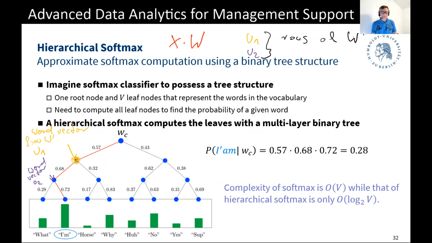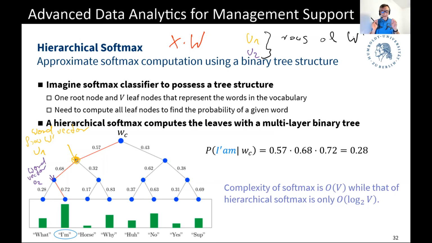And these probabilities that you see depicted in the tree, again, we interpret these as the probability to find a context word left of where we are and right of where we are on the path, given the input word. So the structure of the tree is driven by where in the vocabulary words sit, and the probabilities capture where in the tree we typically find context words given an input word.